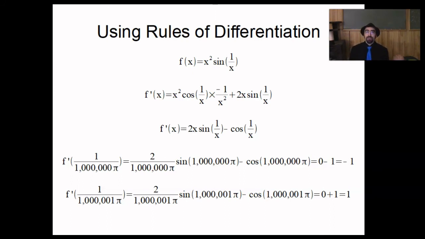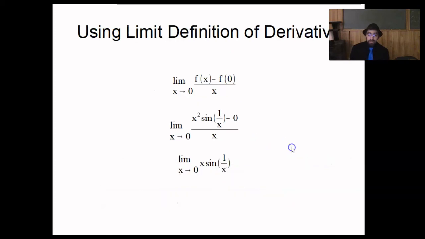The limit of f of x from both sides goes to the same thing, and we just have to define f of 0 to be exactly what it would need to be to fill in the gap. That's called a removable discontinuity. When we have that, then yes, we do need to actually use the limit definition of the derivative. This is a case where the derivative exists at 0, but the derivative itself is not continuous at 0.